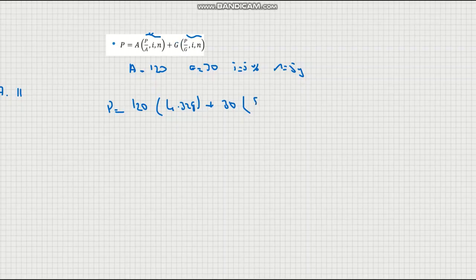So when you multiply these, you will easily get our answer from before, which is approximately $766. Just multiply and you will see we have the same answer.